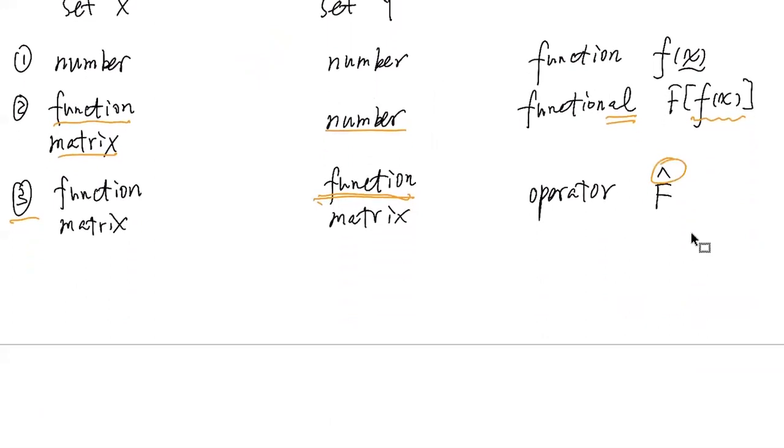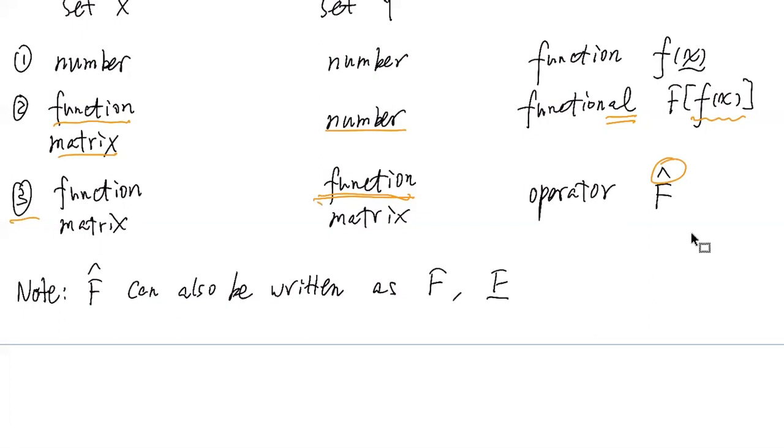So just a quick note. This operator sometimes can also be written simply by using a capital letter F. Or people like to use F and put a short line under this letter, especially when people are using a matrix to represent an operator.